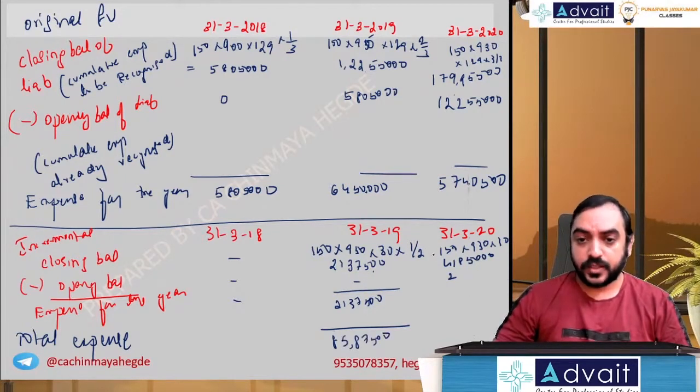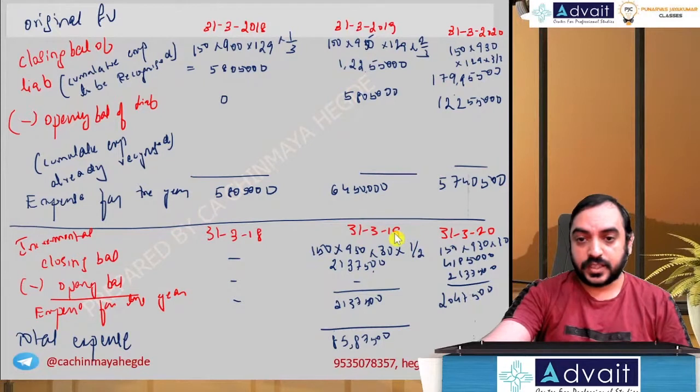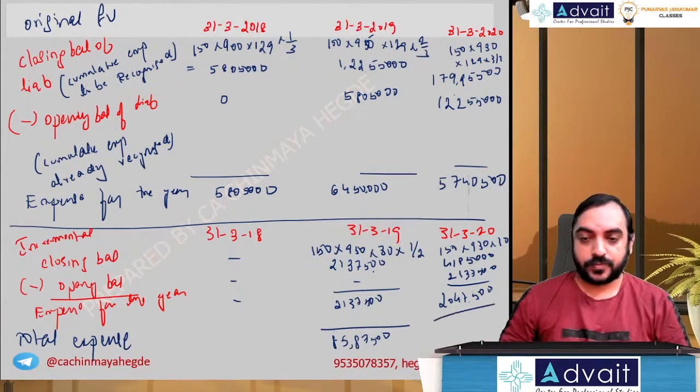So 21,37,500 is the previous year closing balance. Minus 21,37,500 gives 20,47,500. So total expense will be 20,47,500 plus 57,40,500, which is 77,88,000.